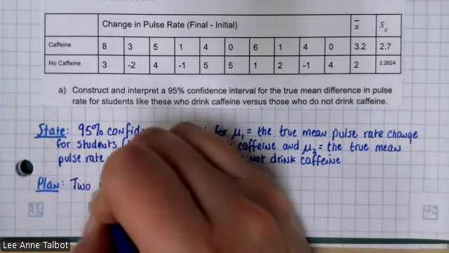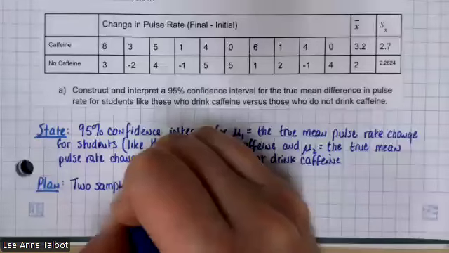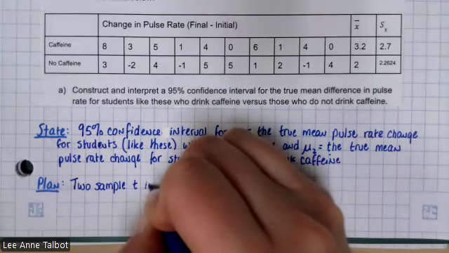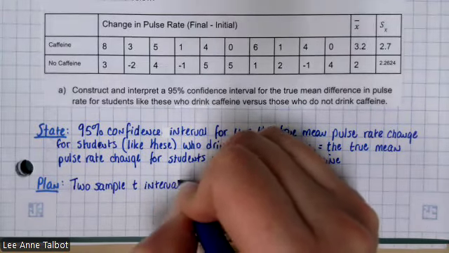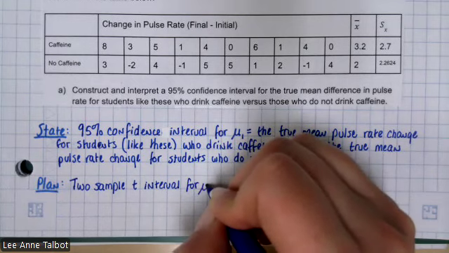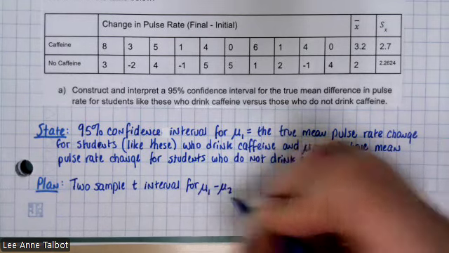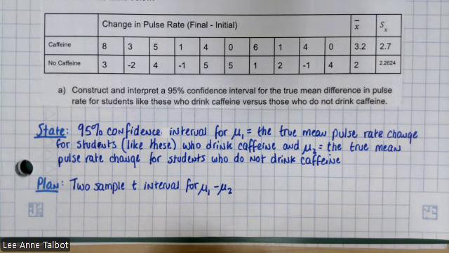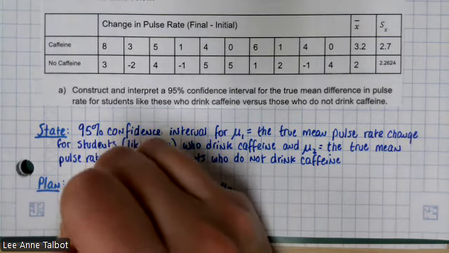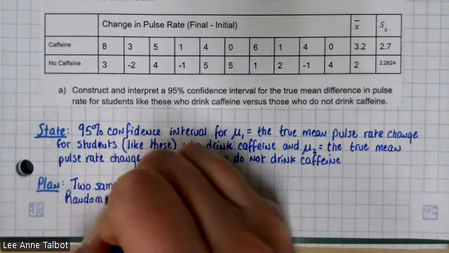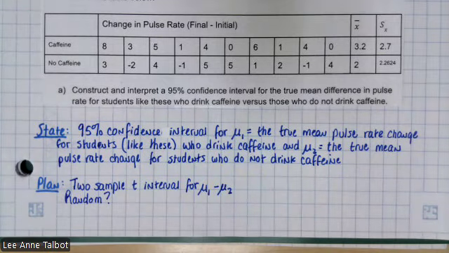2 sample T interval for mu1 minus mu2. Random.